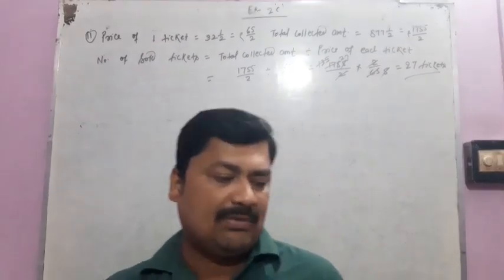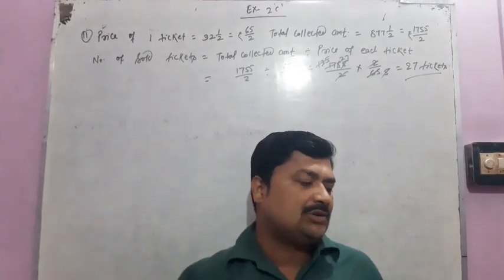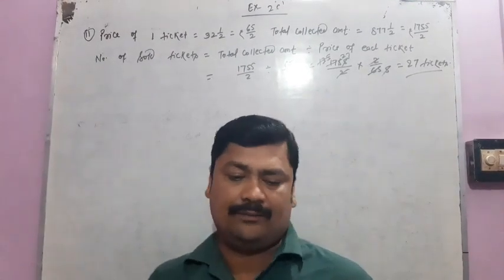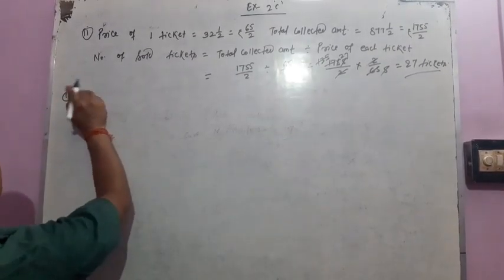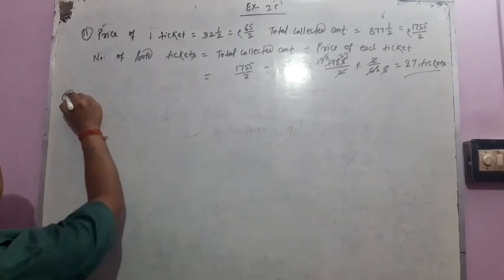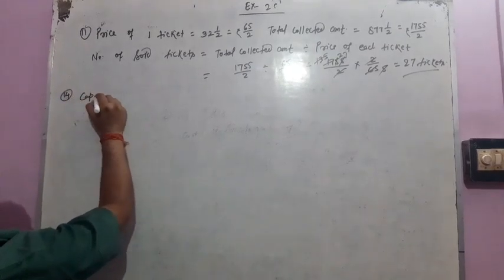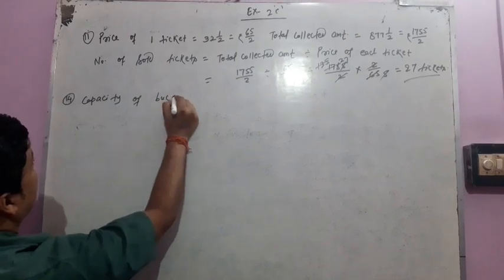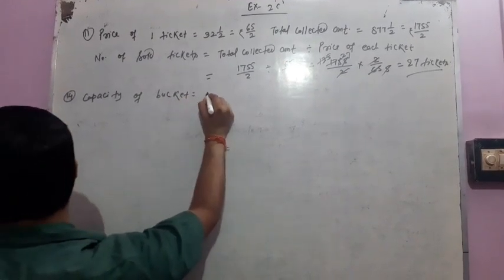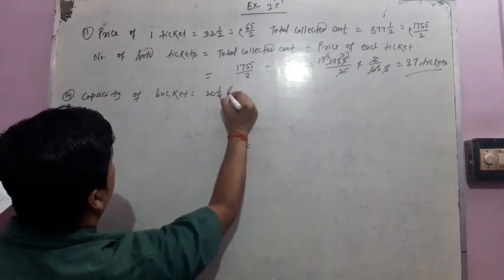So we will solve here question number 14. A bucket contains 20 whole 1 by 4 liter of water. Sorry, question number 14 here. Capacity of bucket, that is 20 whole 1 by 4 liter.